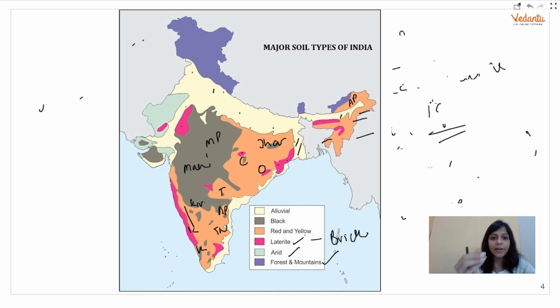In hilly areas of Karnataka, Kerala, Tamil Nadu, this soil is really useful for the growth of tea and coffee.